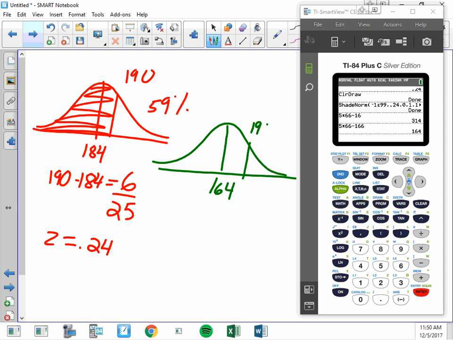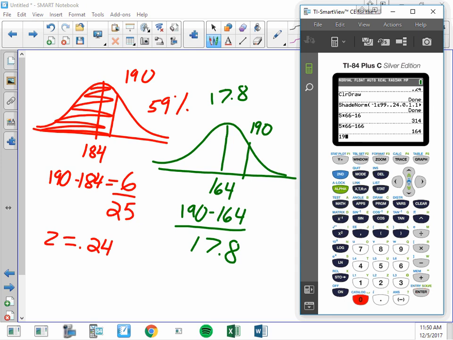So over here is 190. And my RMS error is 17.8. And I do exactly what I did before, but now we're using the new average and the RMS error instead of the original average and the SD. 190 minus 164 over 17.8. Okay.